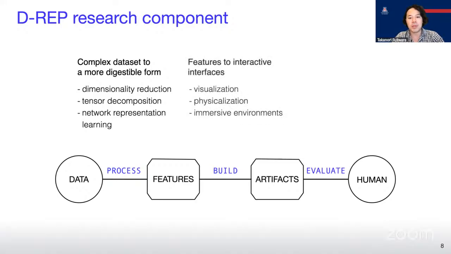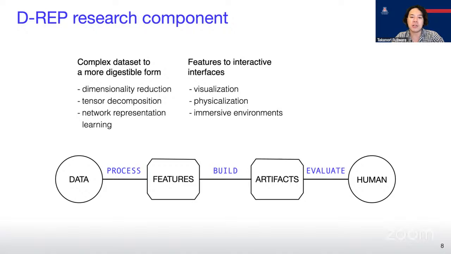Then the build step transforms features to artifacts, such as interactive visualizations, to bridge the gap between humans and data. In this step, we consider various forms and modalities. For example, in addition to traditional 2D visualization, we research 3D visualization, immersive visualization, and physicalization.